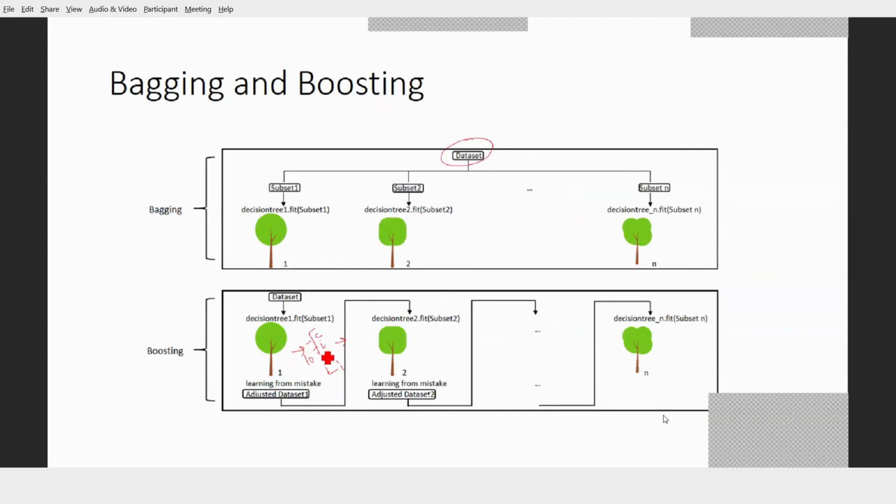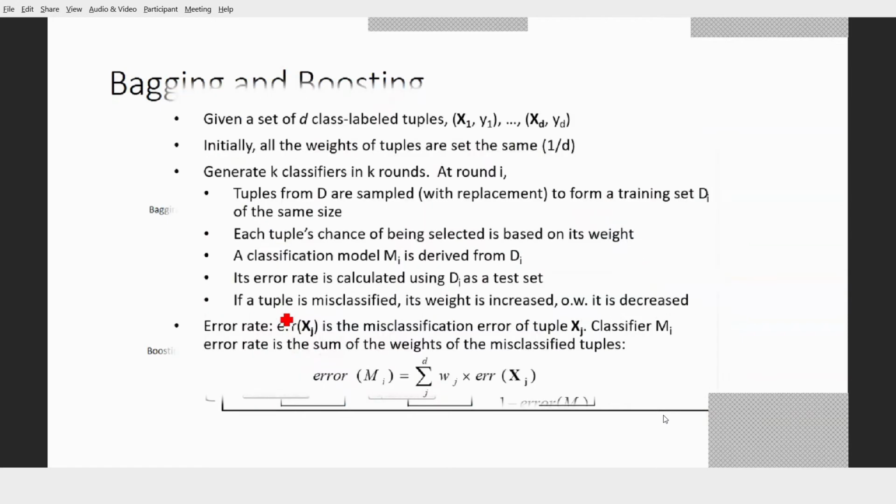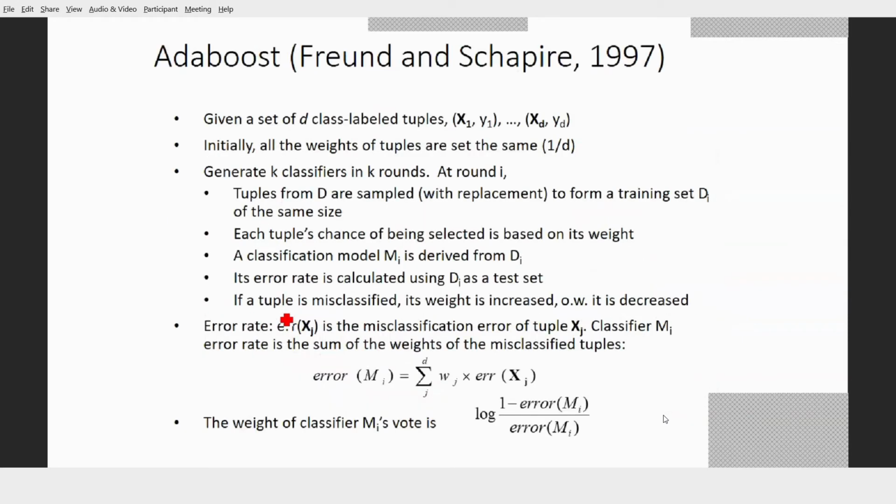So they are explicitly marked or given higher weights so that model 2 can pay more attention to what model 1 could not do, right? So the weights are updated. I hope I have that algorithm also. This is for AdaBoost, but it is similar to that.